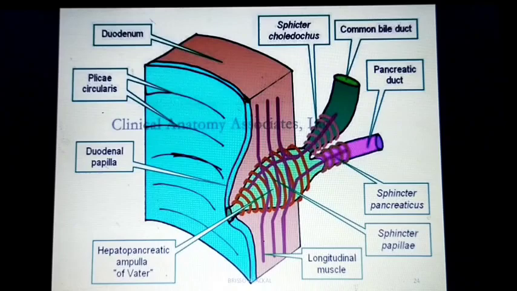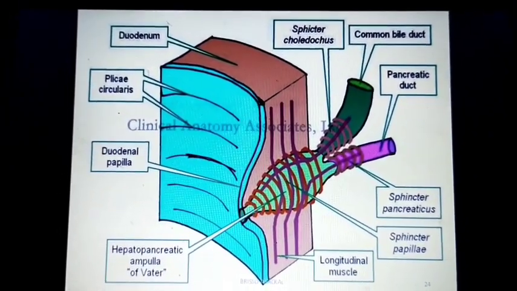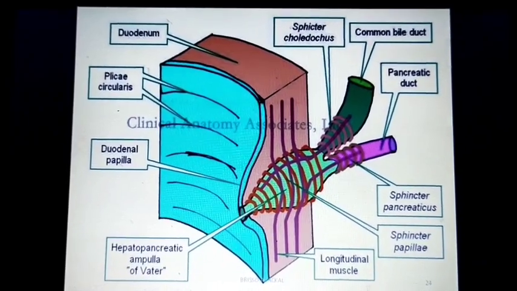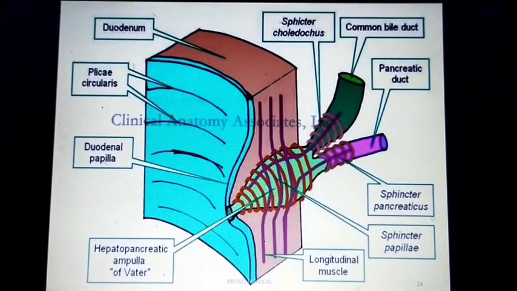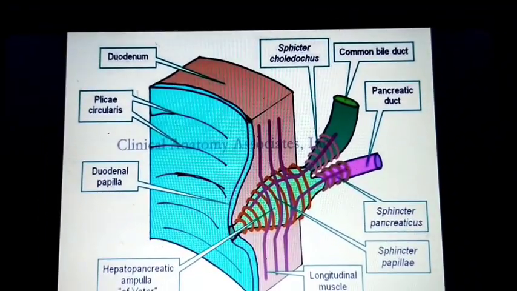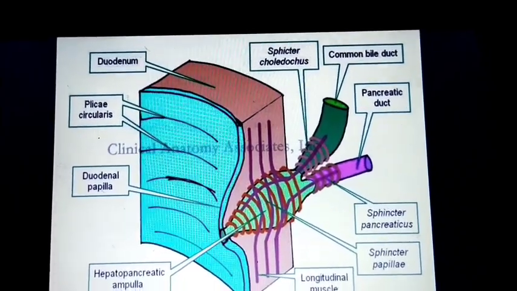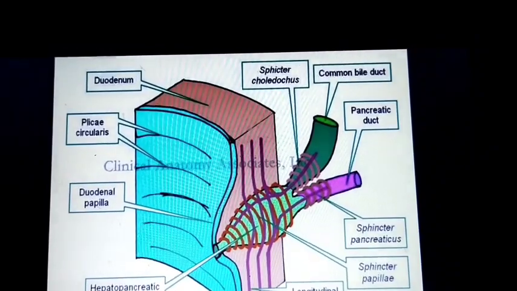Then sequelae of acute cholecystitis: gangrene formation, perforation, pyocele formation, and mucocele, which means mucus collects in the gallbladder and forms a mucocele.